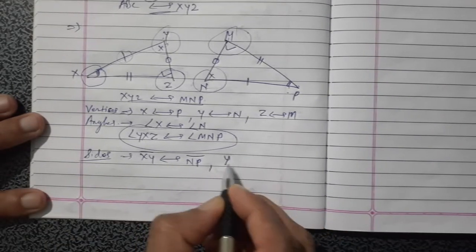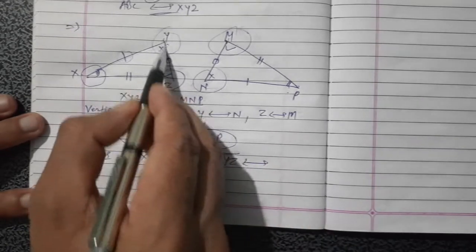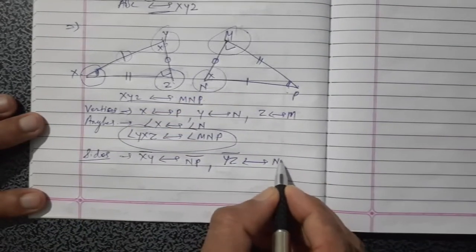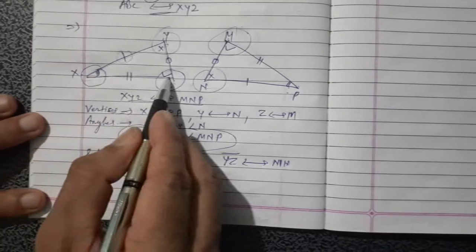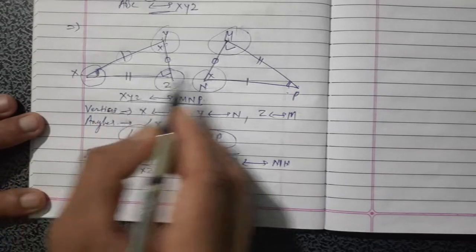Now YZ corresponds with MN. And the same for XZ: XZ corresponds to MP.